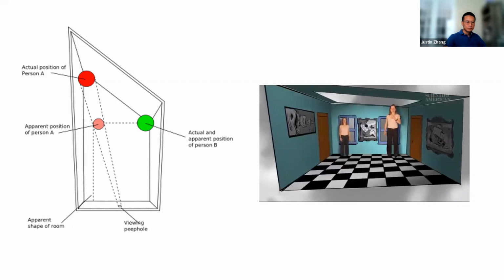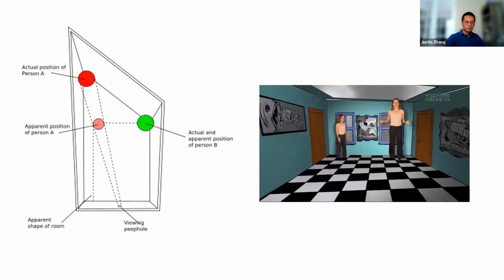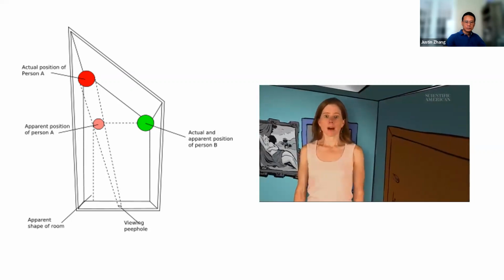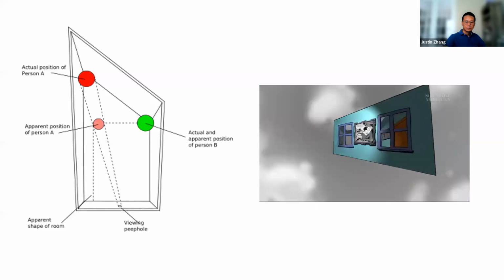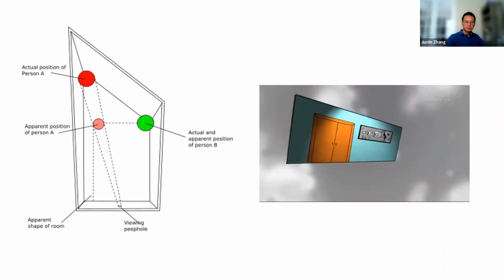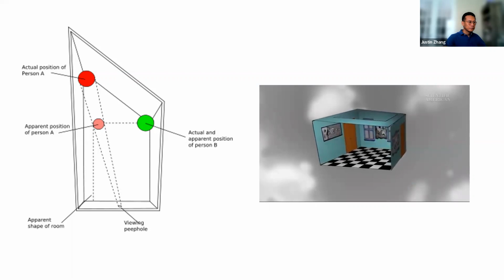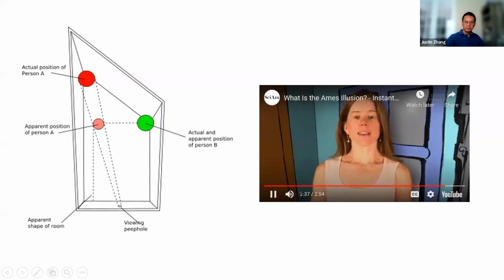Your narrow angle of view from the front of the room blocks the cues that would reveal the room's true shape. And of course, we easily believe in a box shape because that's the shape rooms normally are. This clever setup is called the Ames Illusion. American ophthalmologist Adelbert Ames Jr. devised it in 1934 and built a physical example the following year. For Scientific American's Instant Egghead, I'm Ingrid Wickleven.